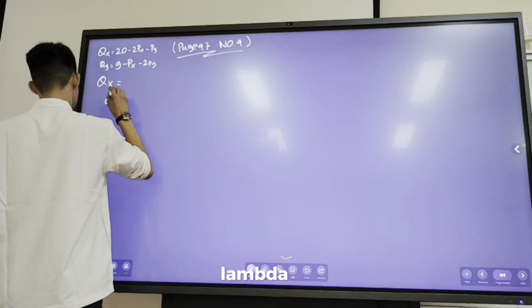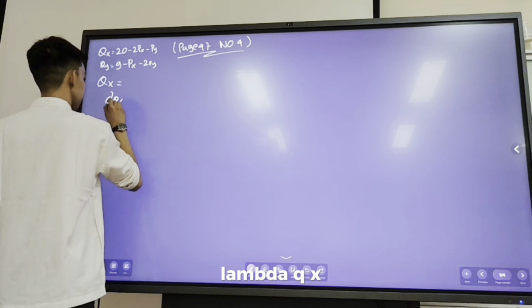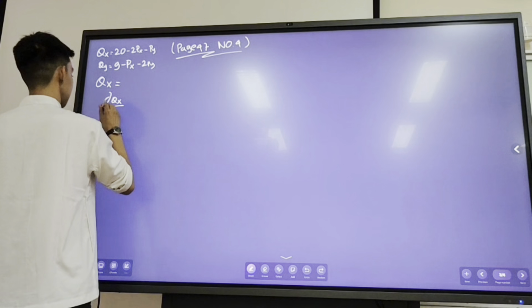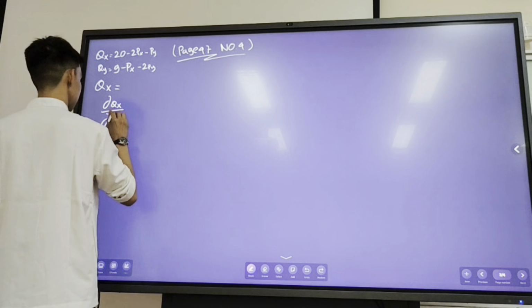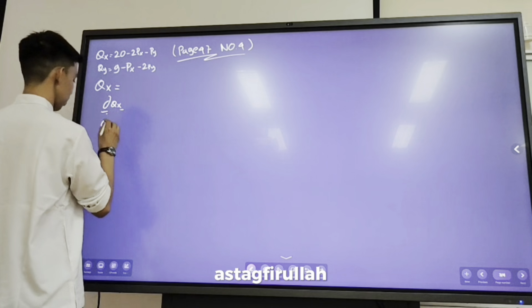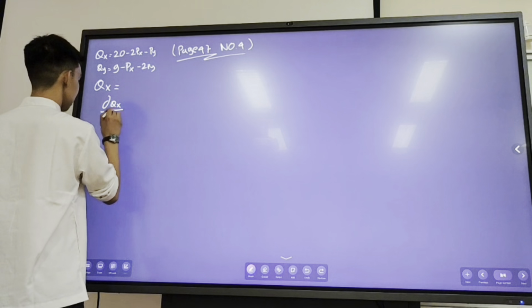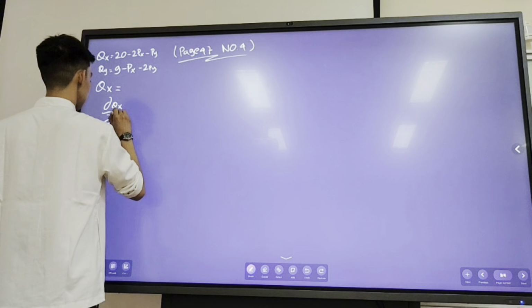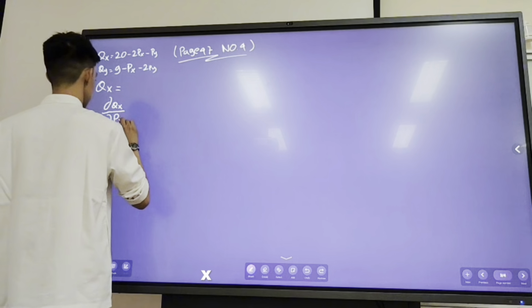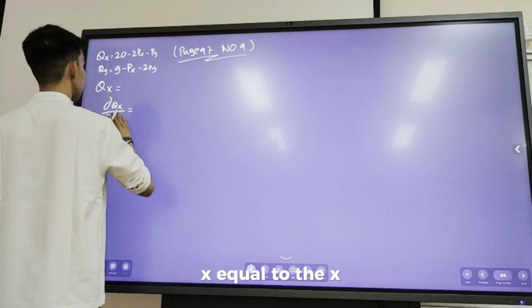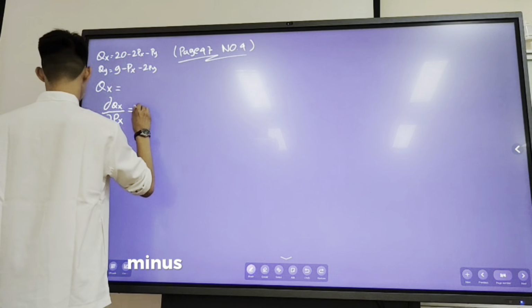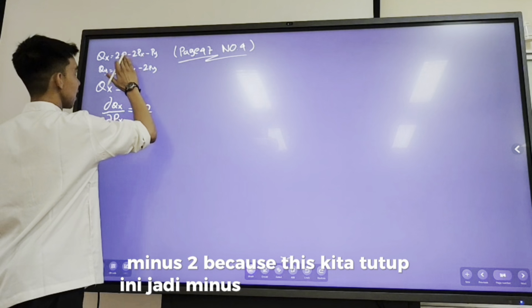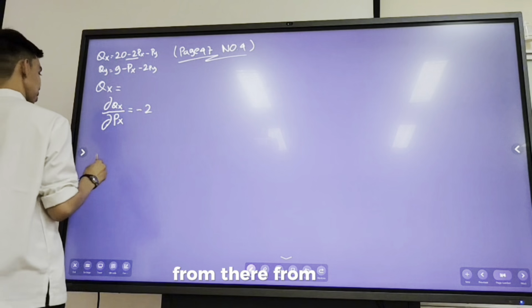Lambda qx divided by lambda px equals minus 2, because when we differentiate this we get minus 2 from there.